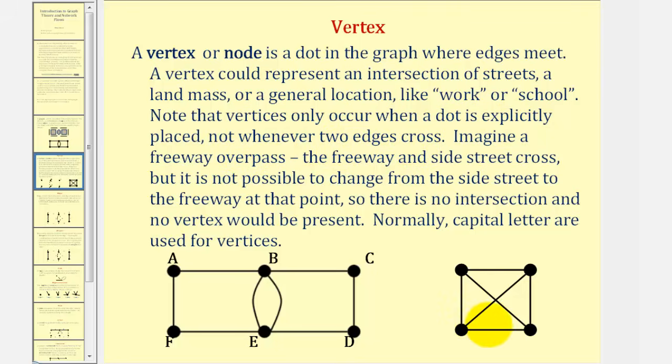Looking at this graph here, notice how we have two edges that cross, but because there's no dot, there's no vertex here. As an example, imagine a freeway overpass. The freeway and the side streets cross, but it is not possible to change from the side street to the freeway at that point, so there's no intersection and no vertex would be present. Normally we use capital letters for the vertices as we see here.